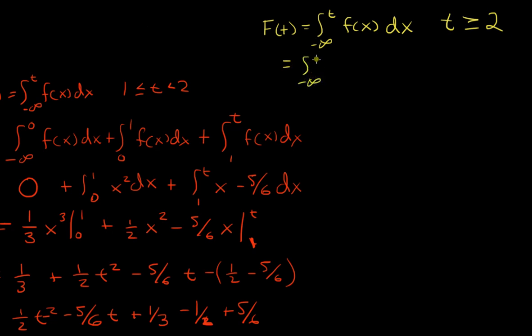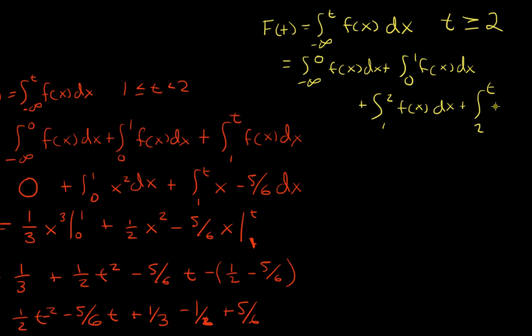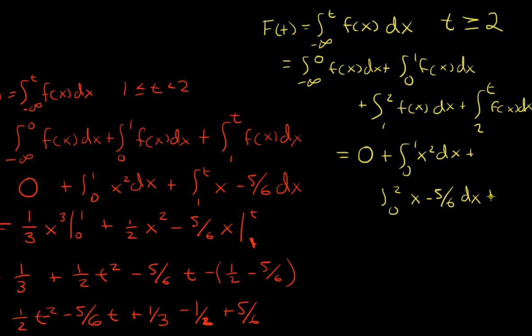So you go through all the different pieces: 0 to 1, 1 to 2, lastly 2 to whatever value t is. Okay, so this first piece is 0, second piece is x squared, third piece 1 to 2 of x minus 5/6 dx, and the fourth piece is also 0.